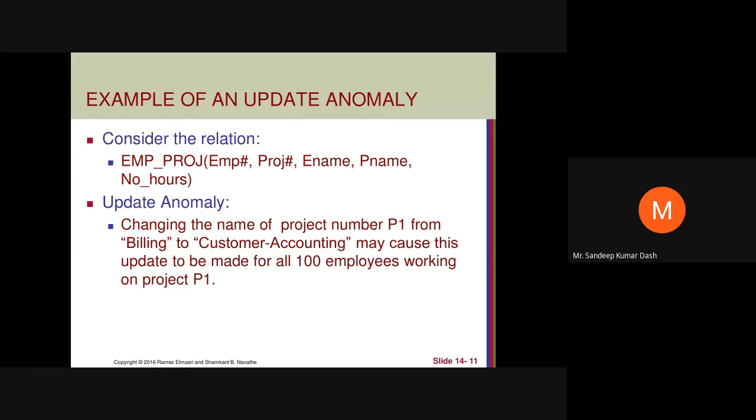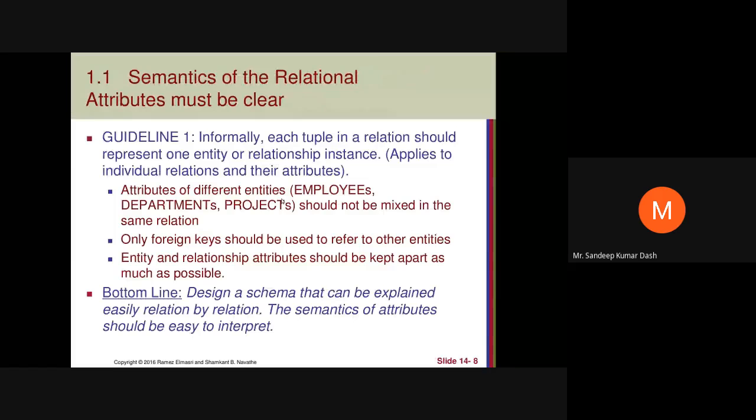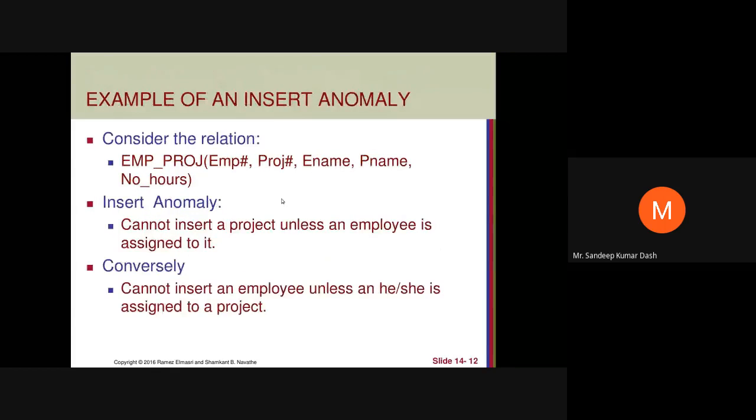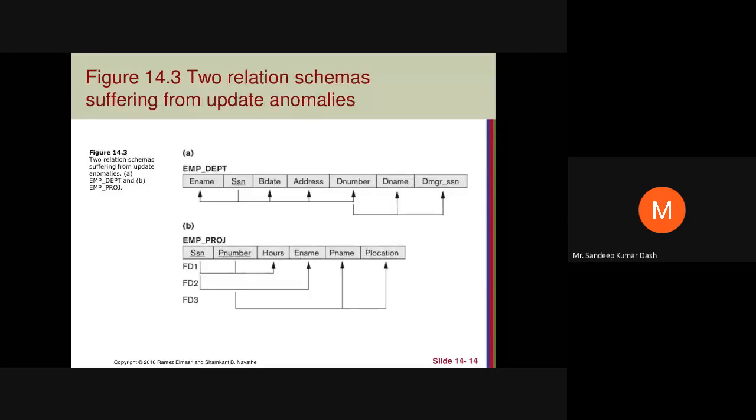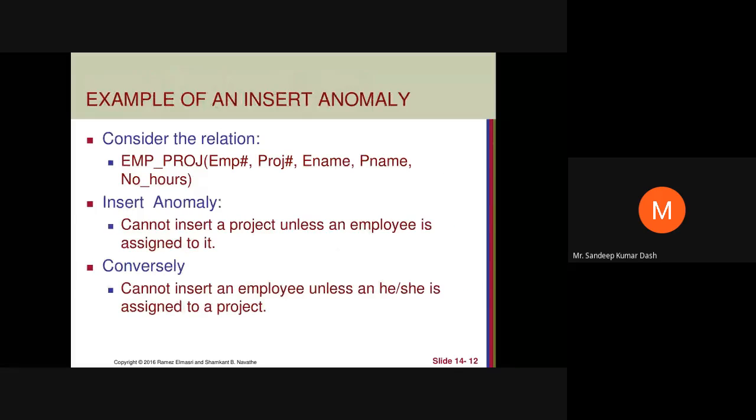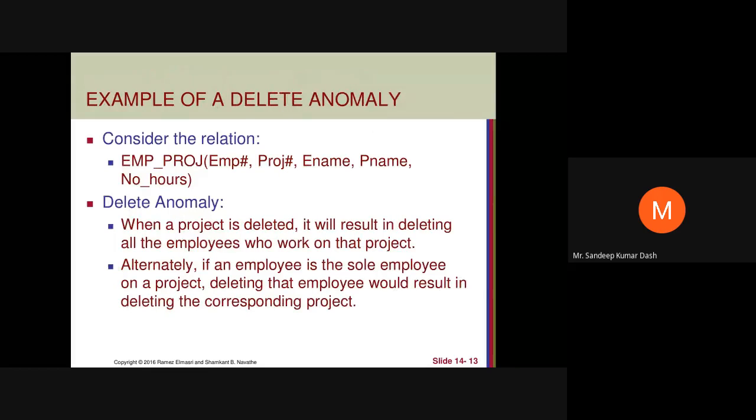So see the case of insertion anomaly. See the relation. The relation name is employee project, with attributes employee number, project number, e name, p name, and number of hours. Suppose this is the schema of a relation which has 5 different attributes.